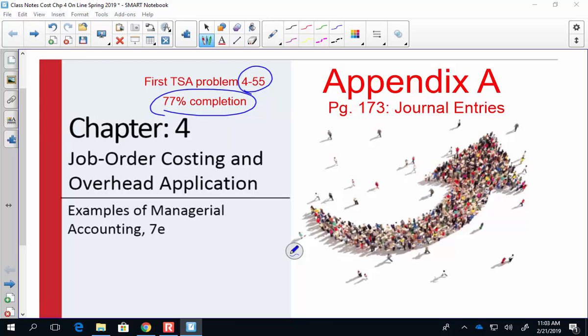And we can't easily identify those in our cost object. So our only job then is to somehow allocate or apply a certain dollar amount to each part or cost object. And that's the goal with this application process. So we'll talk about that once we get into some of our problems today.